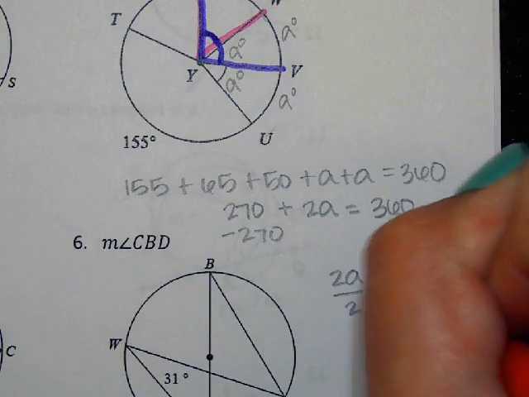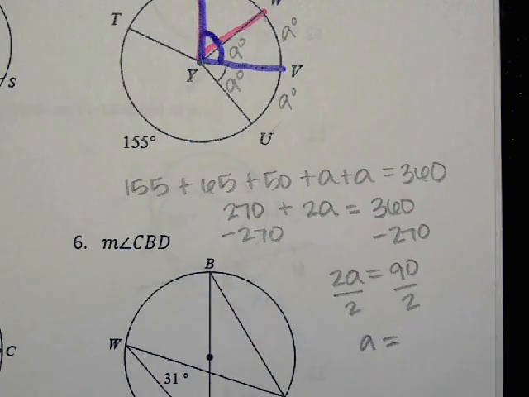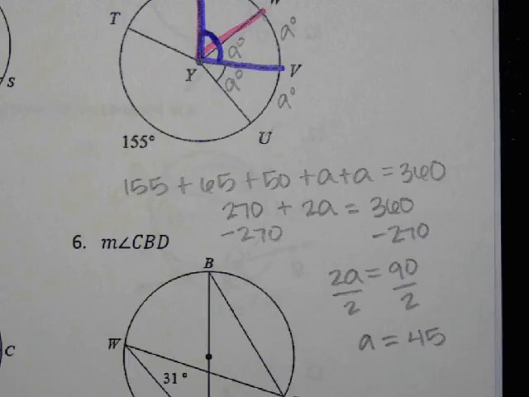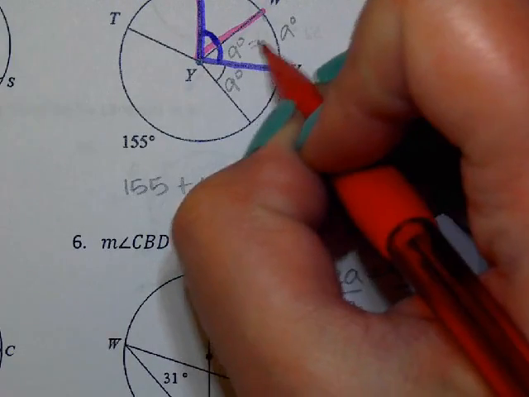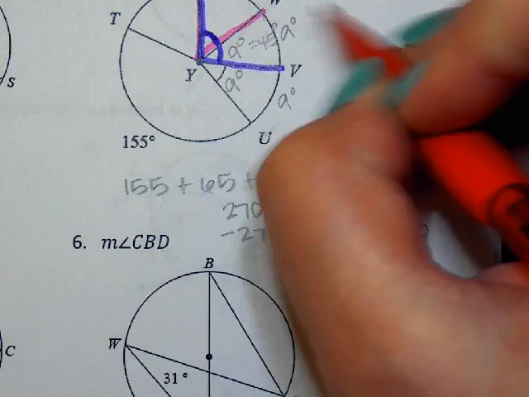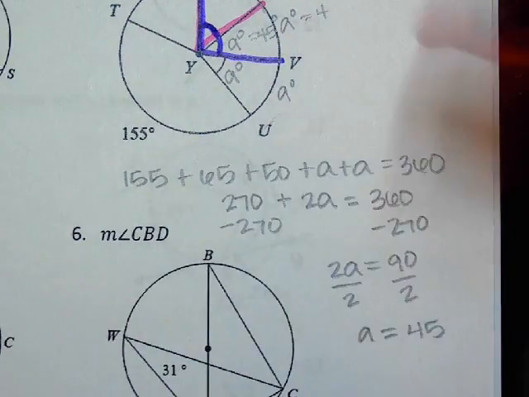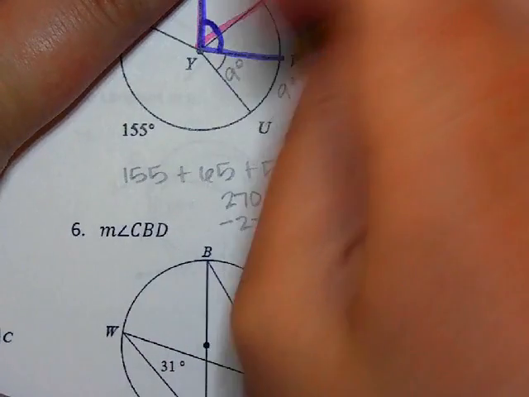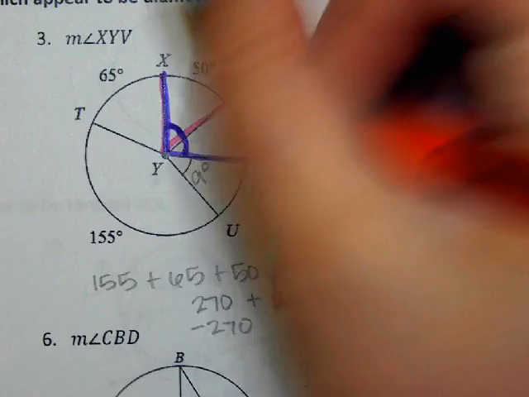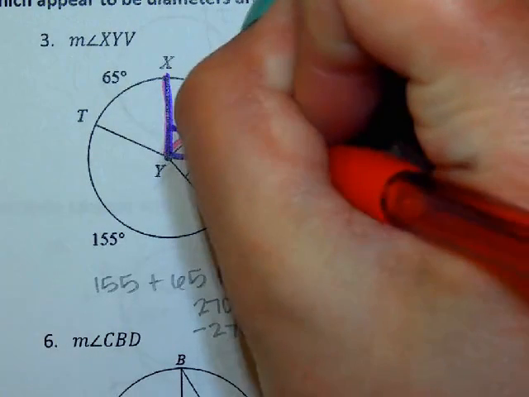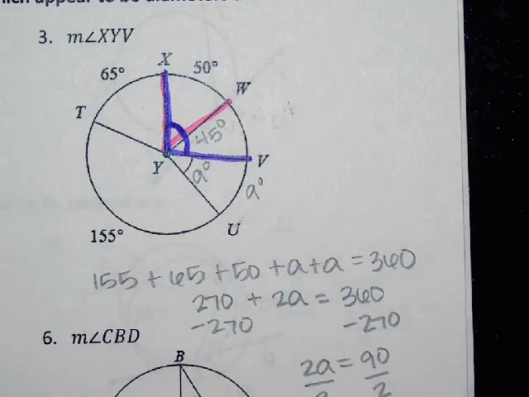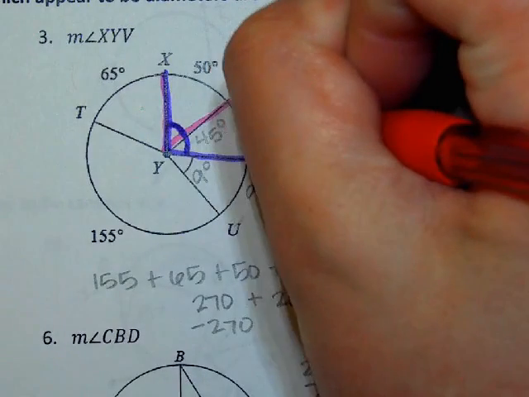And so A equals 45. Okay, so that means that this is 45, and the arc is, well, let me erase this because that's getting kind of full. So that means that the angle is 45, and it means that the arc is 45 as well.